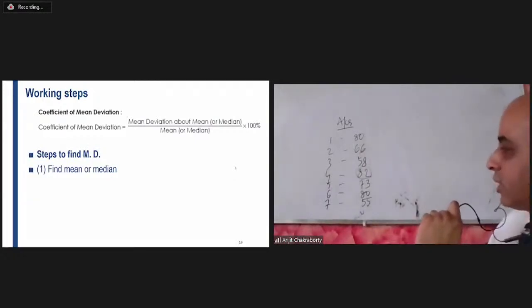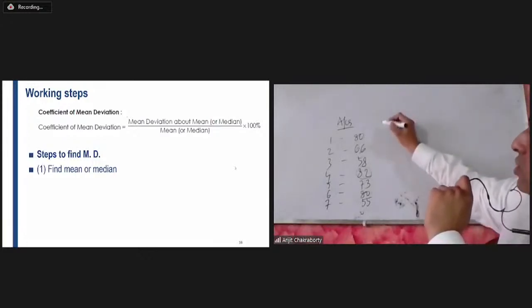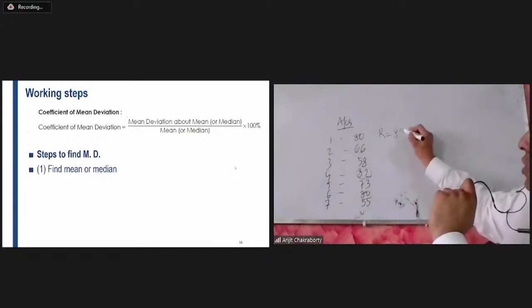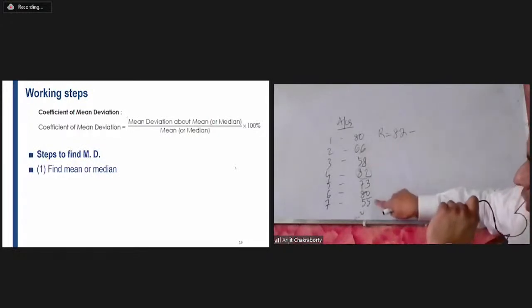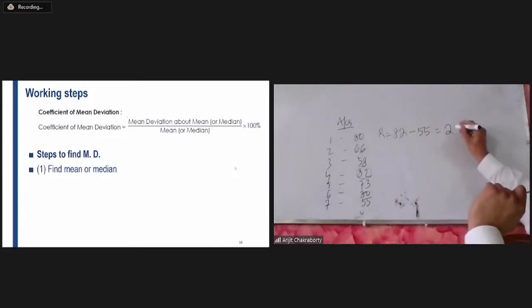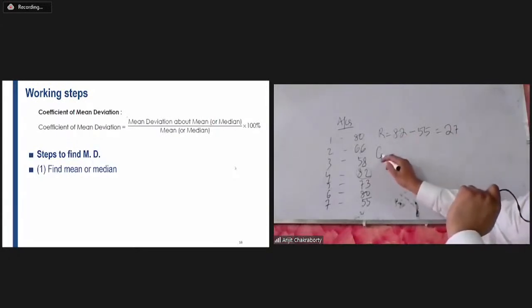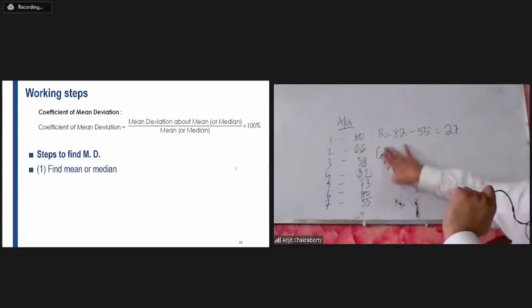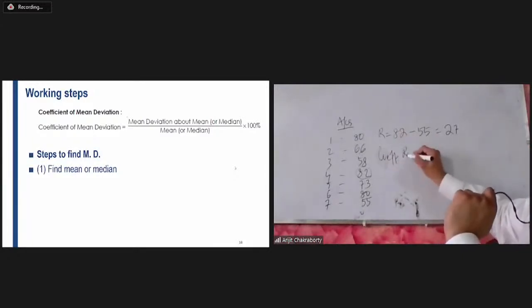So range is 82 minus the lowest marks, 55, that is 27. This is the range.